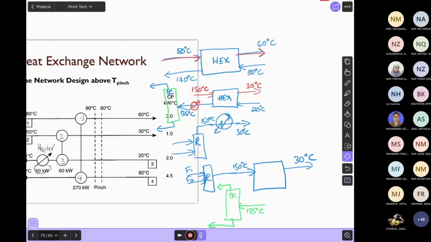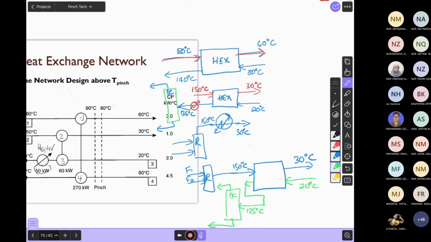Okay, jadi the feed for your distillation column, lalu sini lah. Lalu sini dulu. So this is at 20 degree Celsius dia lalu. Dia keluar, tak perlu ada heater, terus saja masuk your distillation column. Okay, because it reach 135. Tu maksud dia.